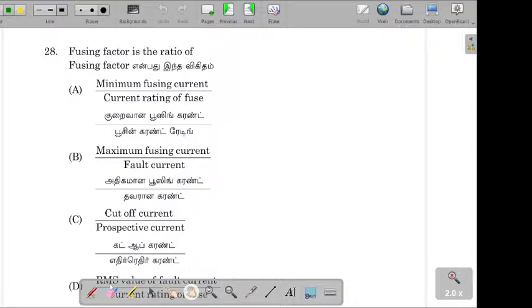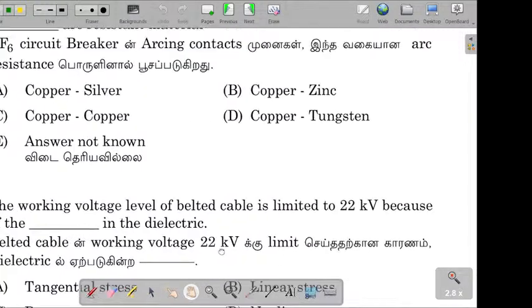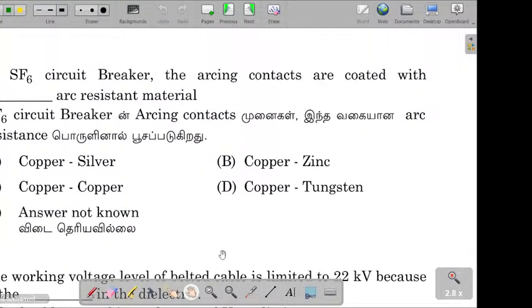Fusing factor is the ratio of minimum fusing current to current rating of fuse. In SF6 circuit breaker, the arcing contacts are coated with dash arc resistant material. It is of copper tungsten.